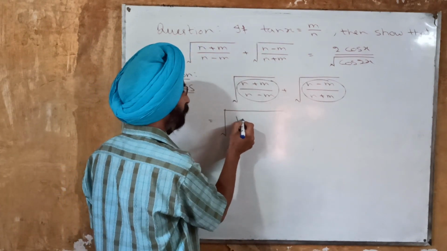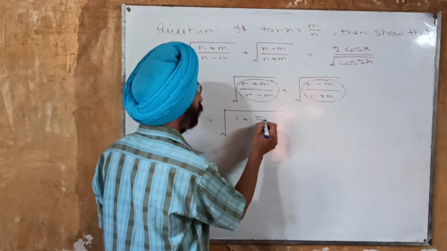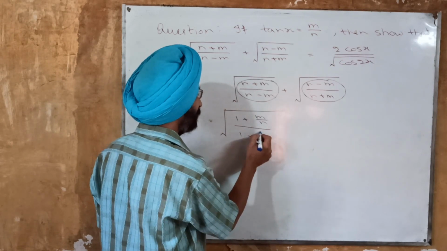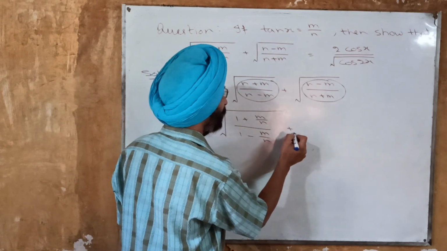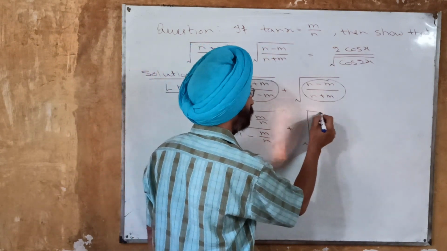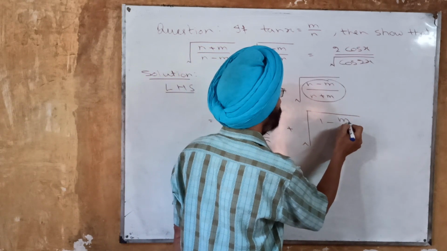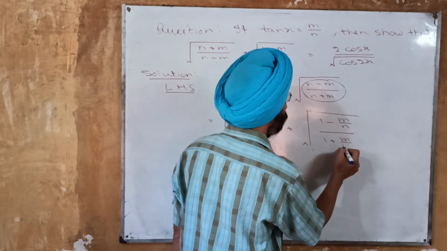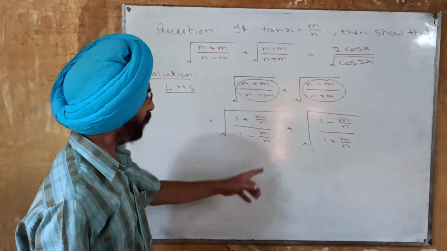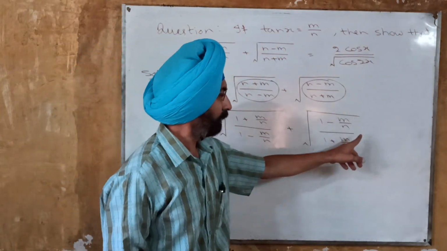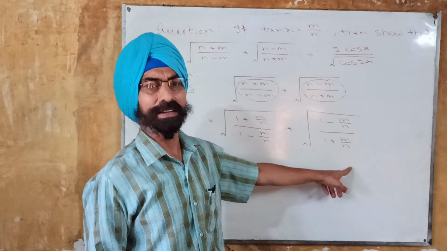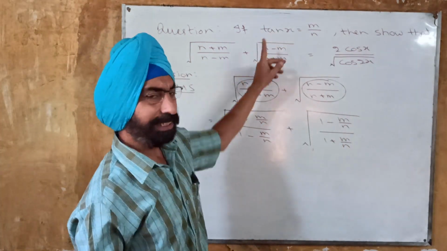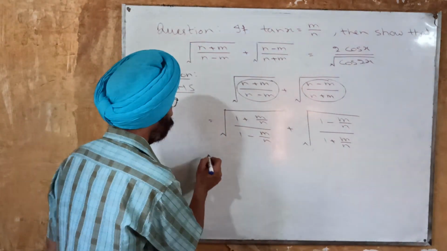So when we will divide each term within the square root in the numerator and denominator by n, it will become square root of 1 plus m upon n over 1 minus m upon n, plus similarly in the second expression you will have 1 minus m upon n over 1 plus m upon n. Now you are having m upon n in all the four places, and the value of m upon n is tan x, so substitute it here throughout.